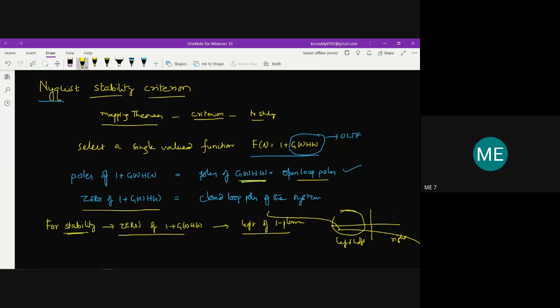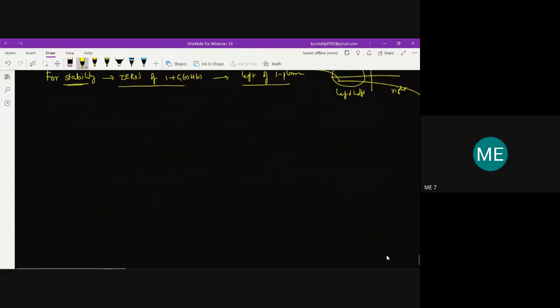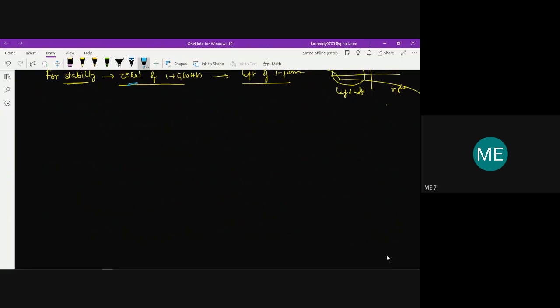So we are studying the stability based on where these zeros are located in the s plane.